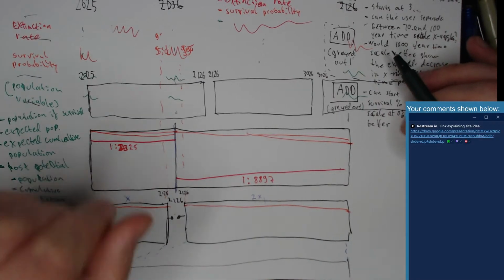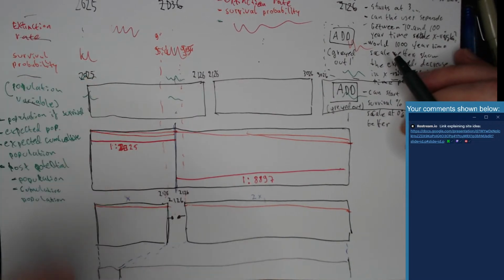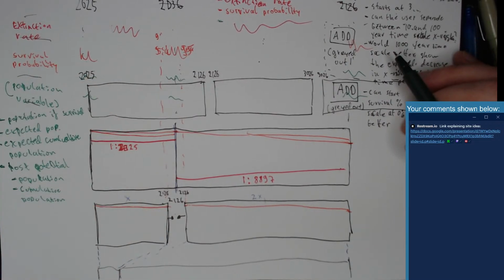Yeah, it was also about this. If I have these graphs, are they going to be separated to indicate this?